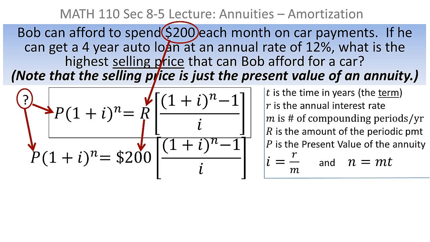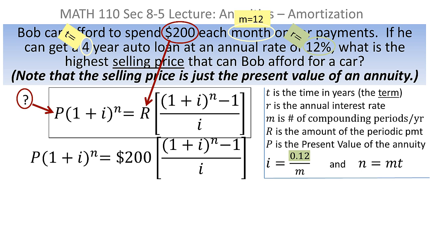So we know capital R is 200, so let's go ahead and get that in there. We've got to calculate little i and little n, so that means we've got to figure out what r, m, and t are. Well, it's a 12% annual rate of interest, so little r is 12%, which is 0.12. It's monthly, so m is 12, and it's a 4-year loan, so little t is 4.